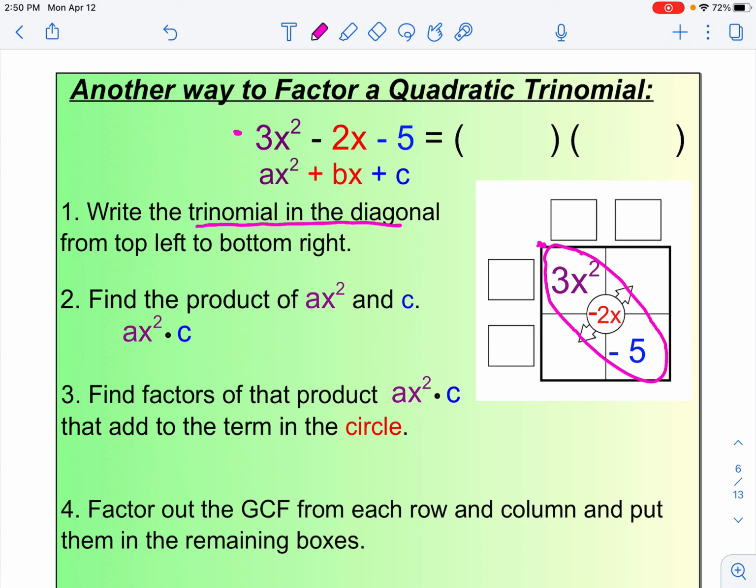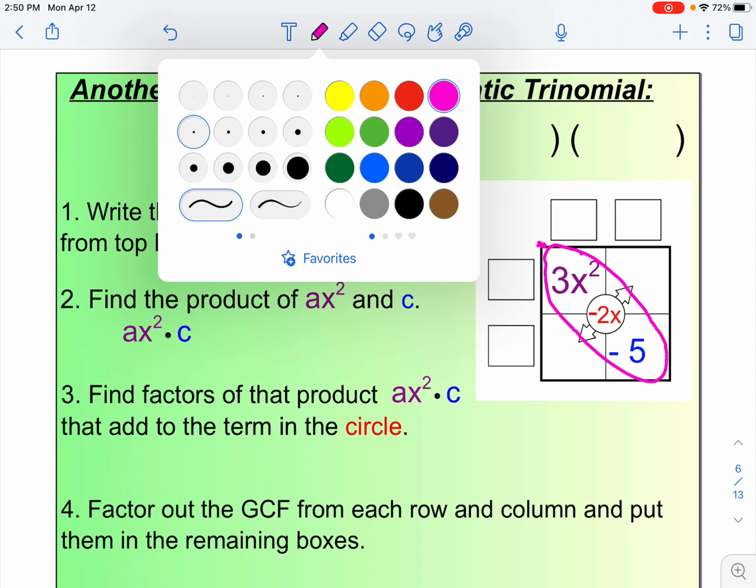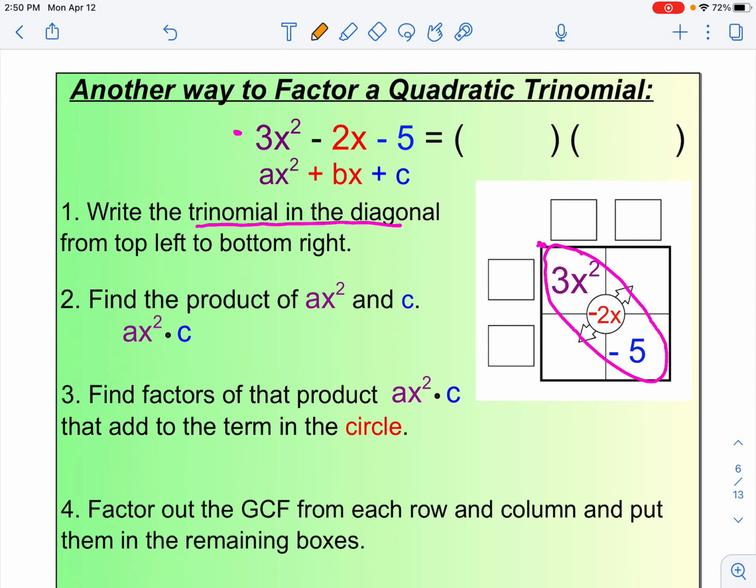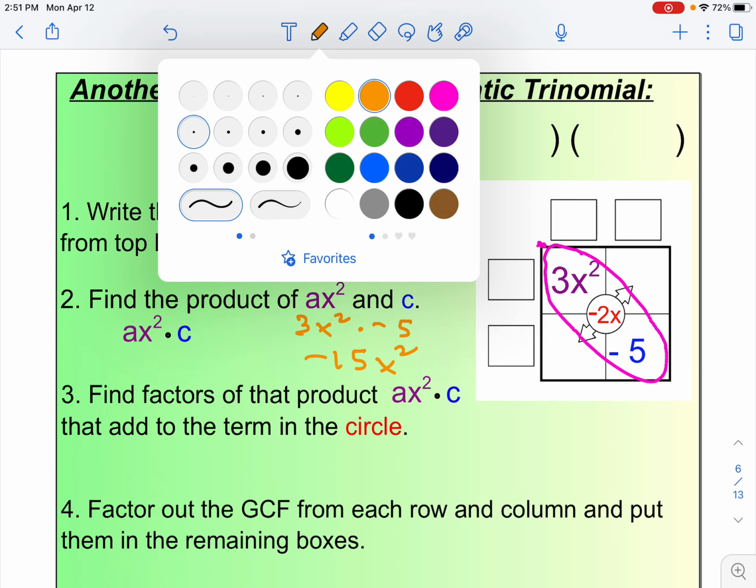Okay, then I find the product of ax squared and c. So ax squared and c is going to give me, so 3x squared times -5 gives me -15x squared. Now I find factors of -15x squared.